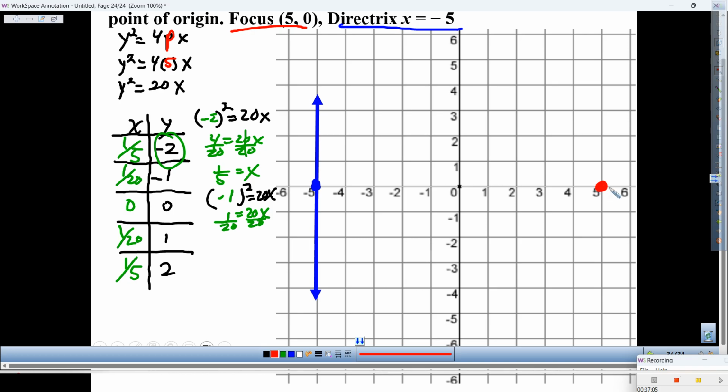So that means, look up, guys, where is the parabola going to open towards? If I graph this, where is that going to open towards? The blue line or the focus? Exactly, towards the focus.